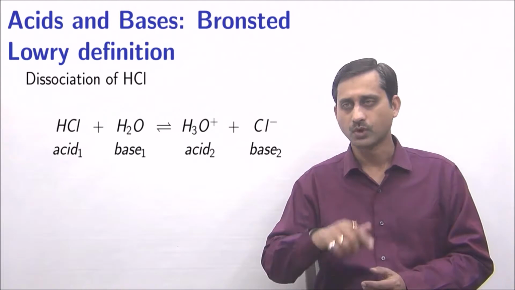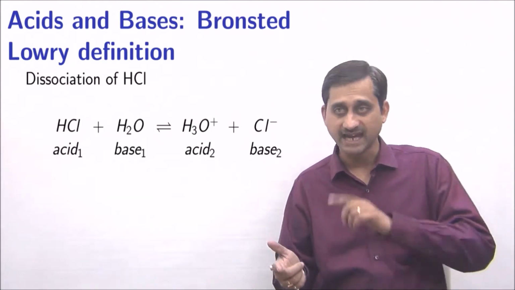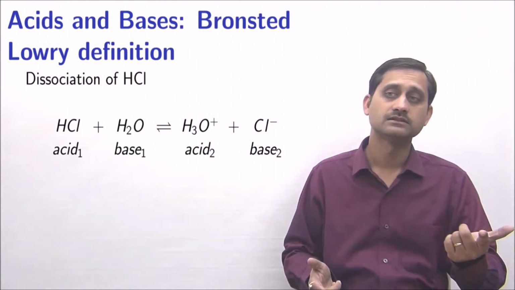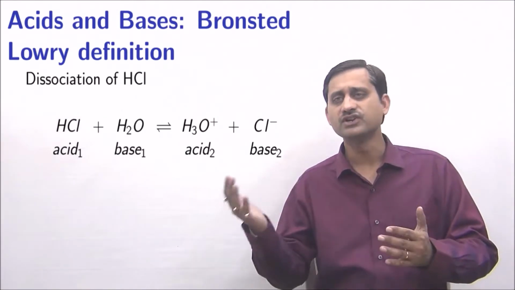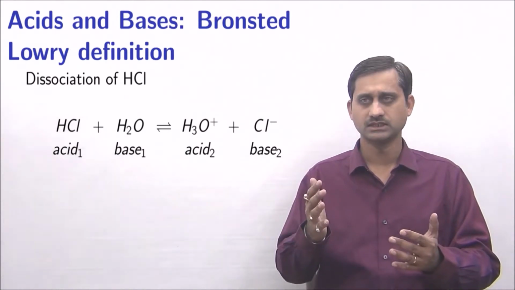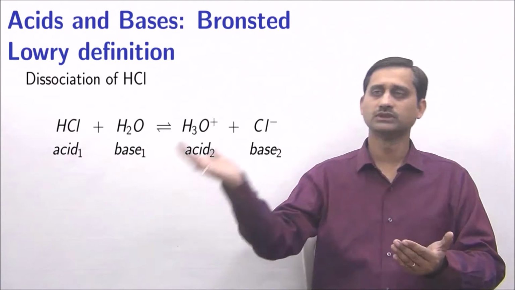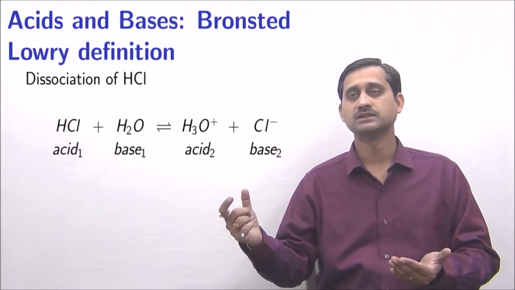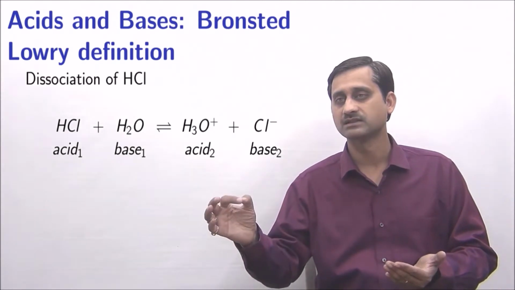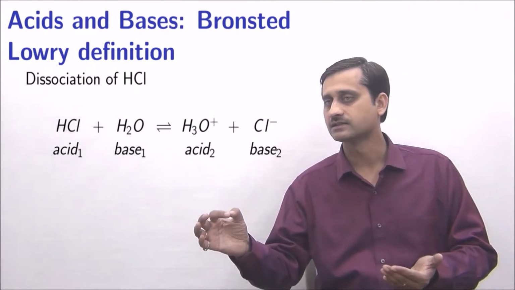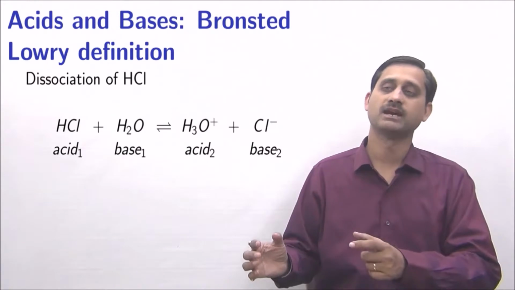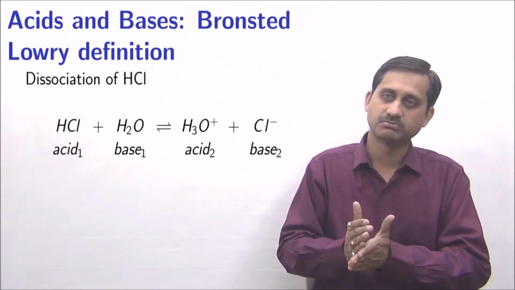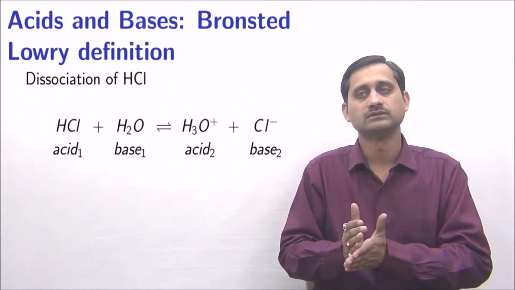By the definition, water qualifies as a base and hydrogen chloride is the acid. If we consider the reverse reaction, that is, from right to left, hydronium ion H3O plus would release H plus, becomes an acid, while Cl minus will accept H plus and will be known as a base.